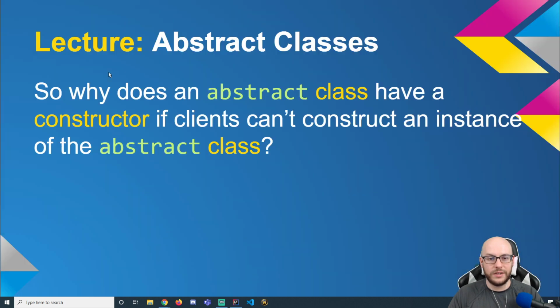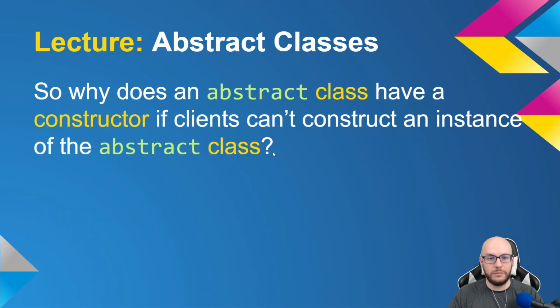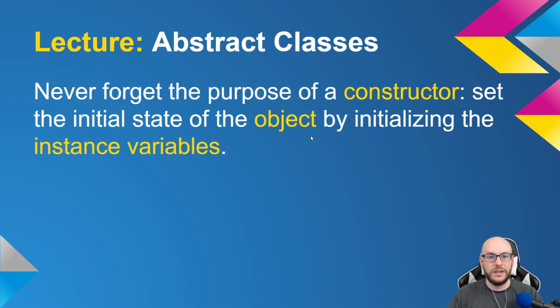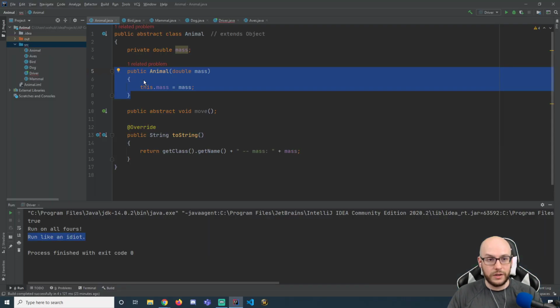Why have a constructor? Never forget the whole purpose of the constructor is to set the initial state of the object by initializing the instance variables. That's what our animal constructor is doing, right? It is initializing mass. Yet, I'm never able to actually create an animal object.